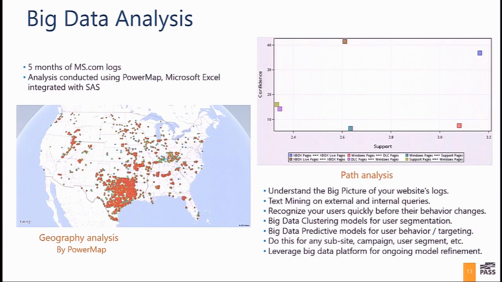Then next, we did deep text mining on that data, because as you can imagine, most of the data from the log files was just textual data, right? It has a lot of details about the kind of keyword searches you did, which pages you visited, which site you came from, etc. So we did text mining, and I'll share the results with you. We also did segmentation, both on the text data itself and also segmentation on the customer.